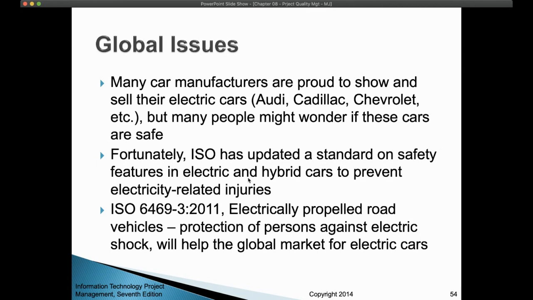Okay, so this car, it's a battery, a charged battery. So what happens if it blows up or it gives you a very high surge? It's very dangerous.